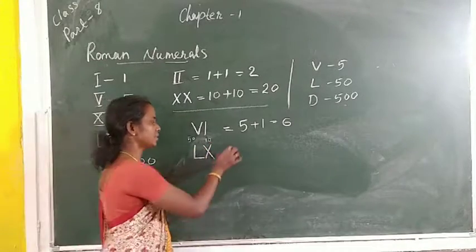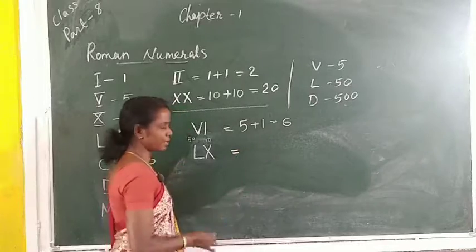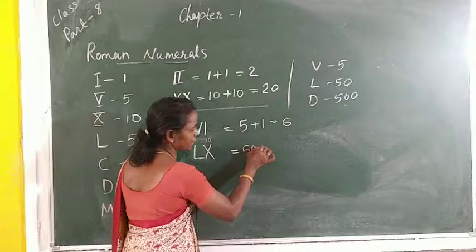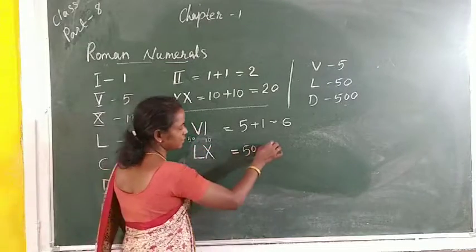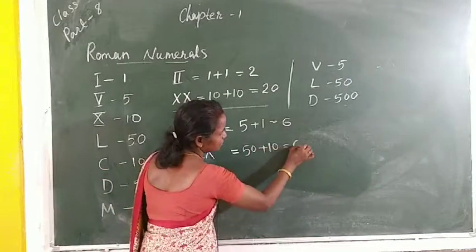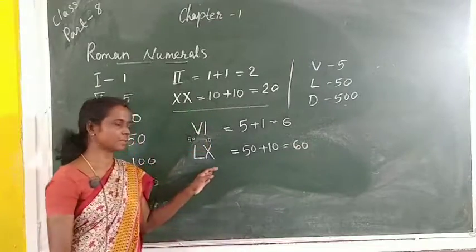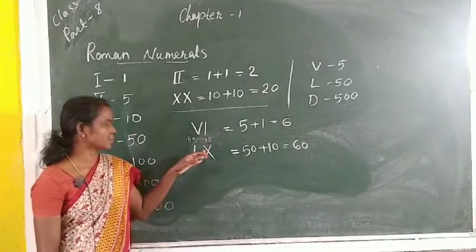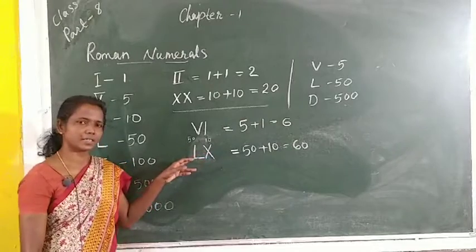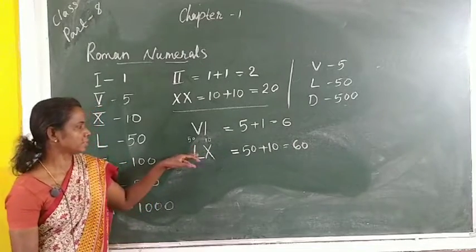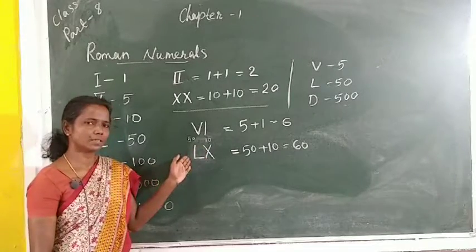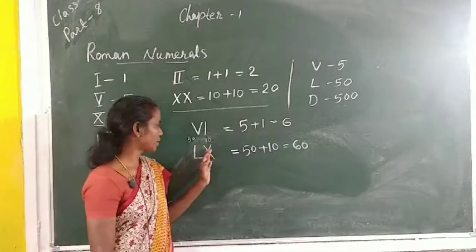So first we take the value 50, then add this 10, so this number is 60. The smaller value is written to the right side of the greater value, which means the smaller value is added to the greater value. Is it clear?